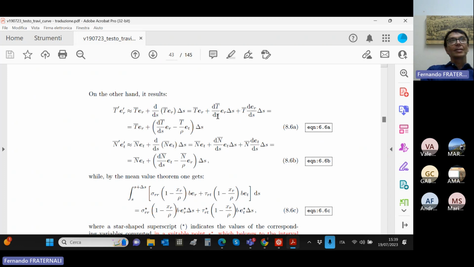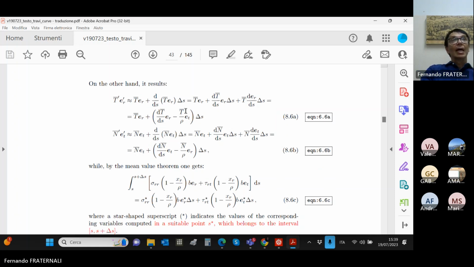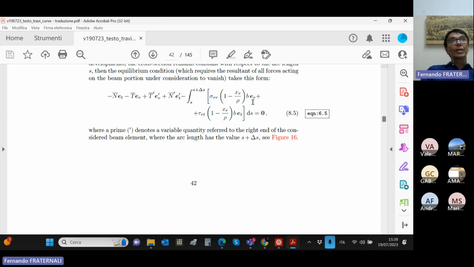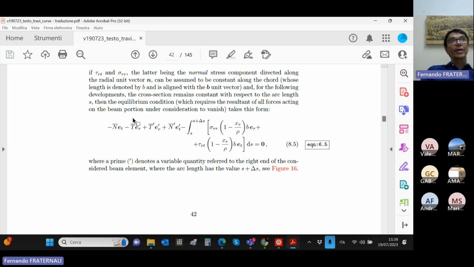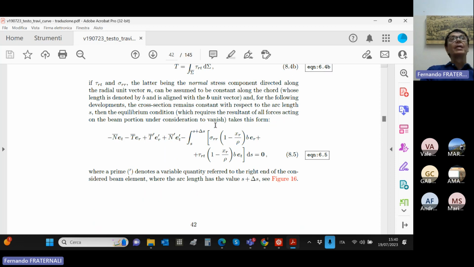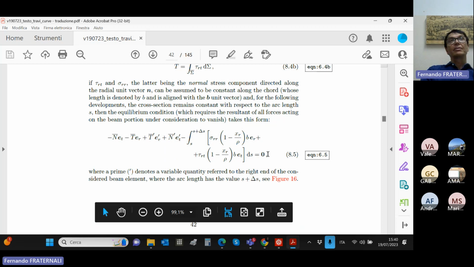And so we obtain this expression. And in an analogous way, we carry out the Taylor expansion of this quantity. In this way, we manipulate those terms appearing in the equilibrium equations of this part of the beam. Next, we have to evaluate this integral.